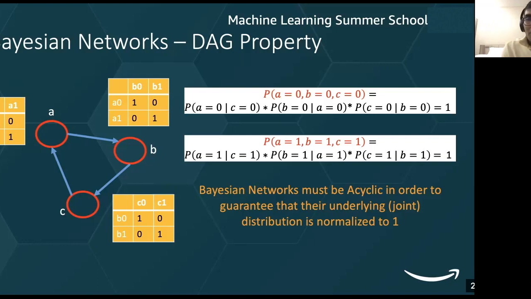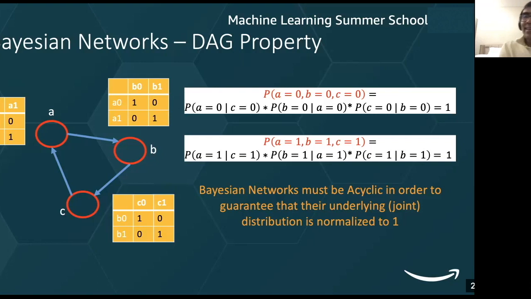You would split the joint distribution as probability of A equal to 0 given C equal to 0, times probability of B equal to 0 given A equal to 0, and probability of C equal to 0 given B equal to 0, right? This is the process that we followed for the student network example as well. So if you actually plug in the values, you will find that this probability tends to be equal to 1.